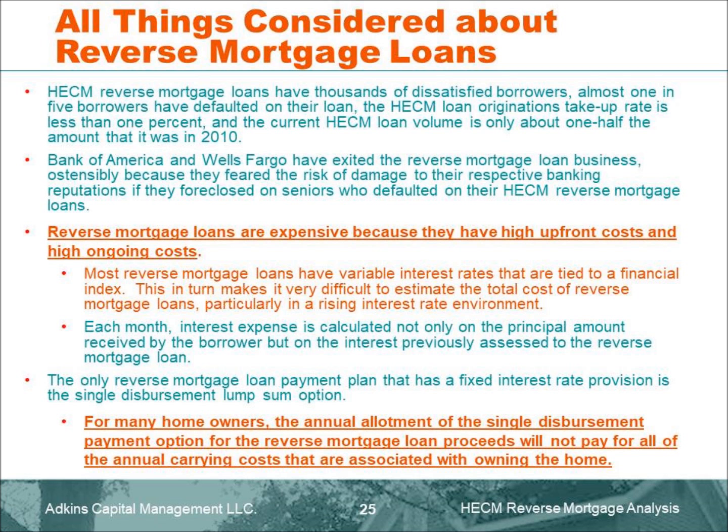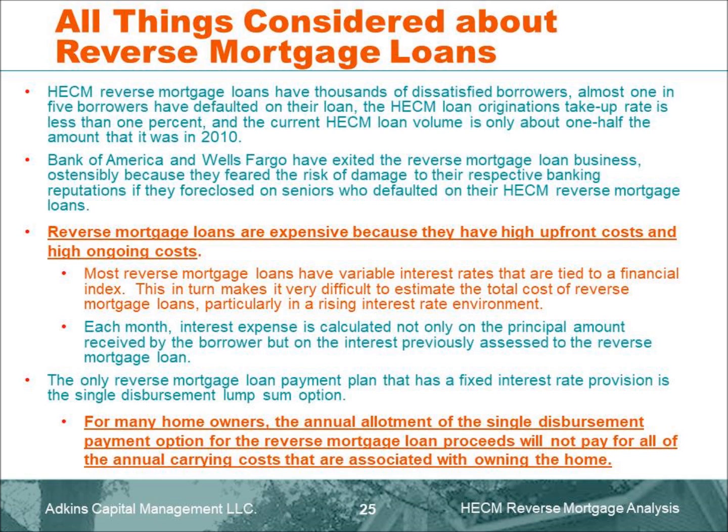Prospective borrowers should consider many things before obtaining a reverse mortgage loan. HECM reverse mortgage loans have thousands of dissatisfied borrowers. Almost 1 in 5 borrowers have defaulted on their loan. The HECM loan originations take-up rate is less than 1%, and the current HECM loan volume is only about one half the amount that it was in 2010.